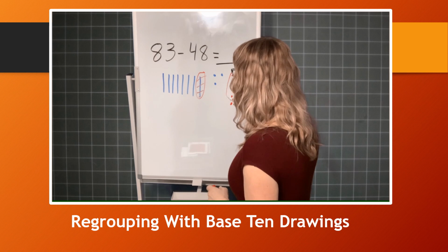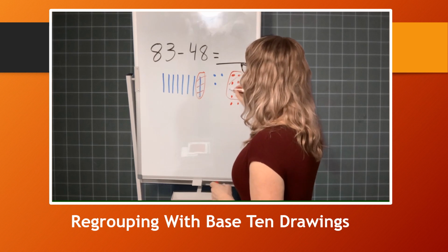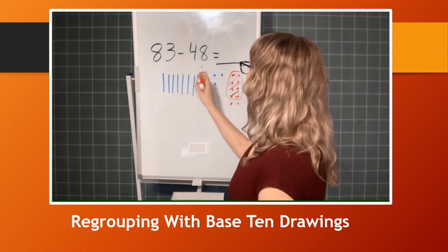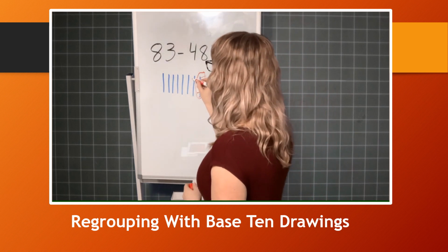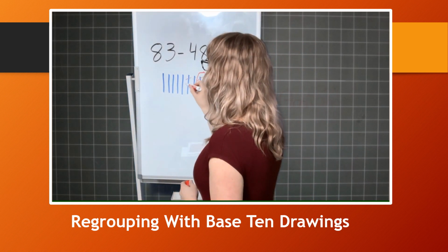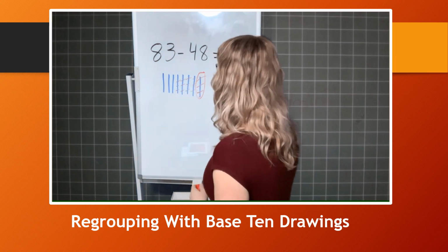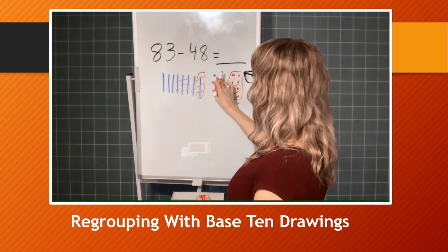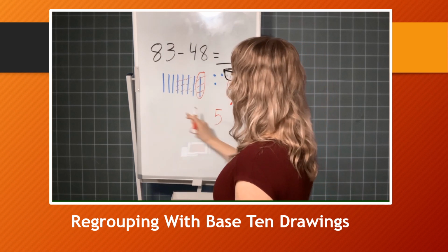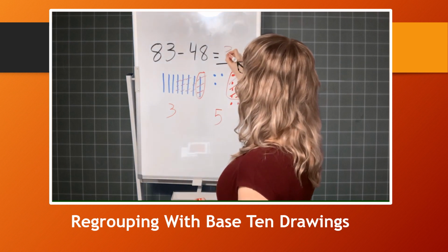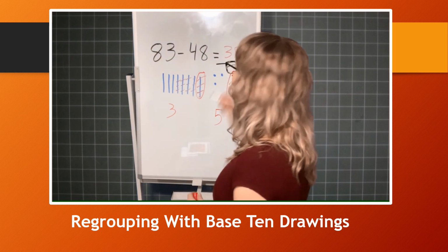These are gone. Don't forget to take your 10s away. So here we have to take 4 10s away: 1, 2, 3, 4. This leaves us with 2, 3, 4, 5 ones and 1, 2, 3 10s. So our answer is 35.